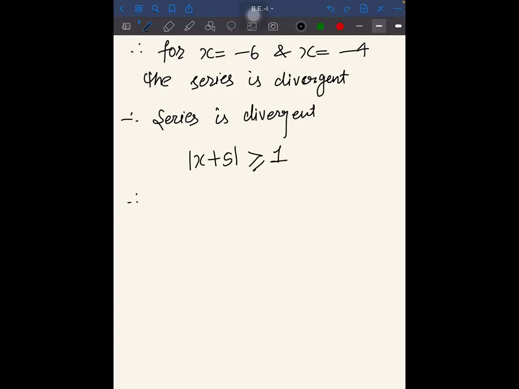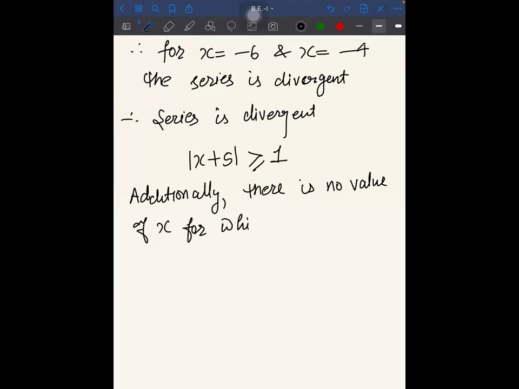So we can also say that additionally, there is no value of x for which the series is conditionally convergent.